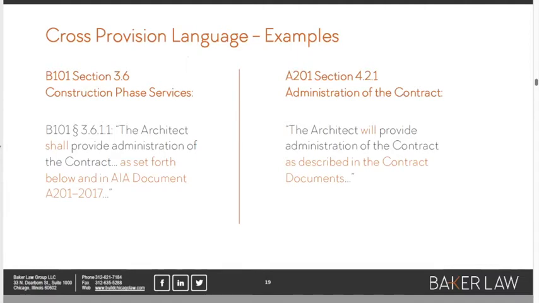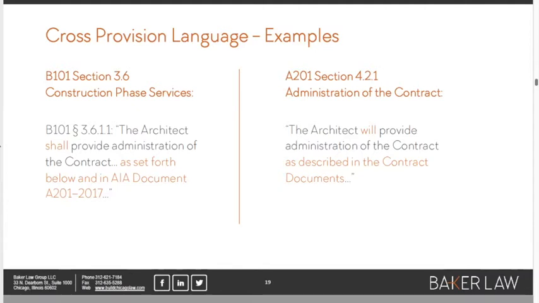So let's look again at some of these cross provisions that might make this a little easier to understand. Look on the left. In the B101, the standard owner architect agreement, at section 3.6.1.1, it says that the architect shall provide CA as set forth in the general conditions. This is a way of basically saying that, hey, architect, you're agreeing to do all the architect-y kind of things that are assigned as the role of the architect in the general conditions.